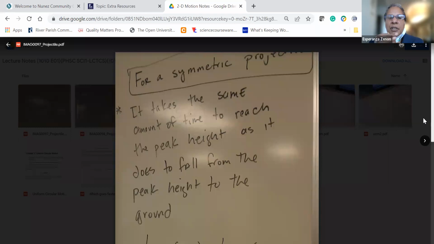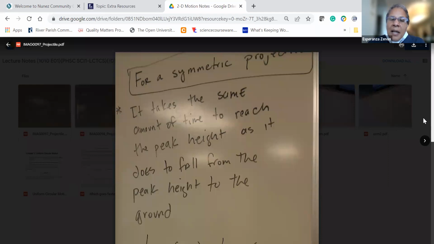So one type of projectile that I want to focus on is called a symmetric projectile. Okay, and symmetric means that if I take the path of the projectile and cut it in half, it'll take the same amount of time to rise or reach its peak as it does to fall from its peak, right?